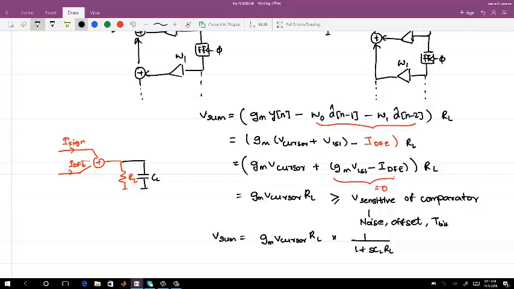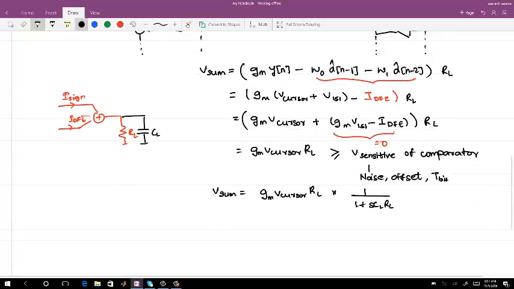As soon as you have 1 plus S CL RL, to settle to 95% of the final value, the time constant RL CL should be less than T bit by 3. This is called the time constant tau.